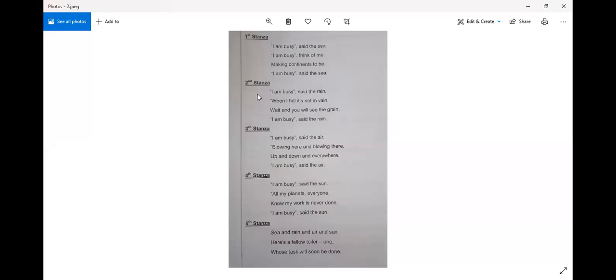So moving on, we have stanza number two. I'm busy, said the rain. When I fall, it's not in vain. I mean, it's not useless, it's useful. When the rain falls, it's useful. Wait, and you will see the grain. I am busy, said the rain. Stanza number three, here is the thing.